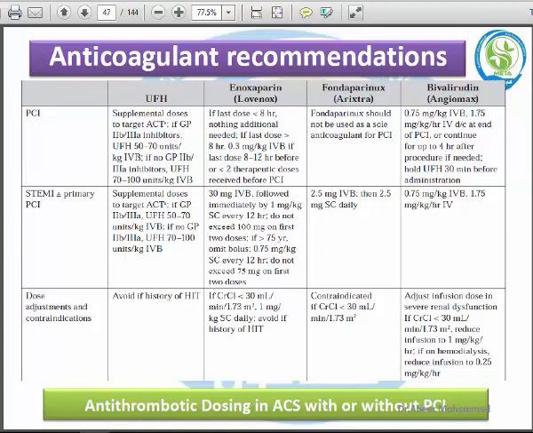Enoxaparin dose should be adjusted if creatinine clearance is below 30. Fondaparinux is contraindicated if the creatinine clearance is below 30. It is an absolute contraindication, with no dose adjustment. We should pay attention to this point. For bivalirudin, we can adjust the dose in case of creatinine clearance below 30.